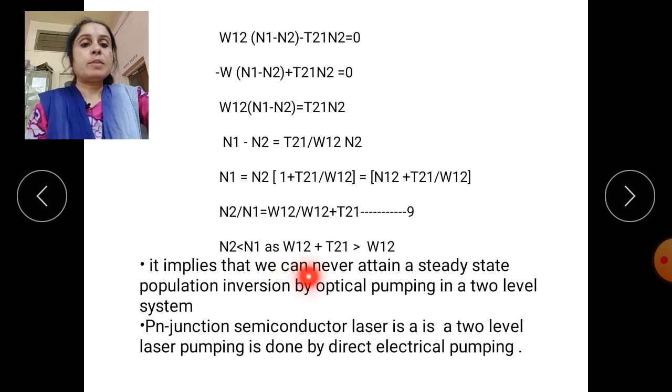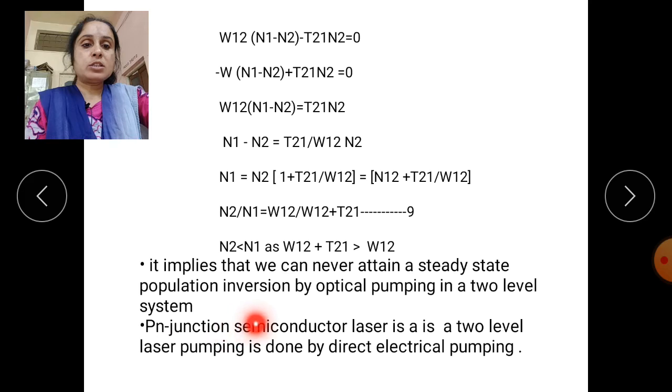So population inversion can never be attained by optical pumping in a 2 level system.